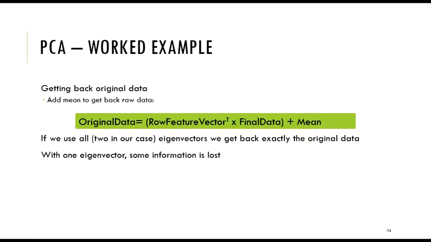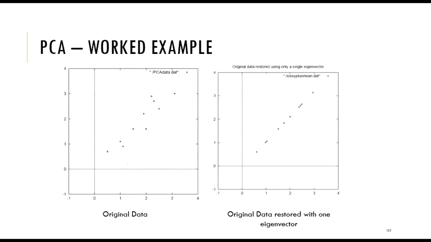In case we need to extract the original data from PCA, we can use the transpose of the row feature vector and the final data that we just made. So the new data we extracted from PCA, multiply that with the row feature vector and add the mean. This would give you the original data back. If we consider one PCA, this was the original data, and this is what we get after the transformation when we retrieve the original again. Since we kept only one dimension, the data corresponding to the x dimension got stored, and the spread of the y dimension, which we had in this dimension, we did not retain.